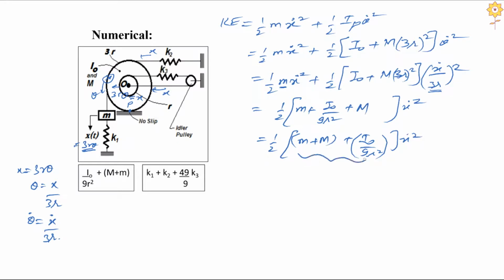If I compare this with the KE of the equivalent system, I have half into m equivalent into x dot squared. So the term within the bracket should be m equivalent in kilograms. So this is what we get.